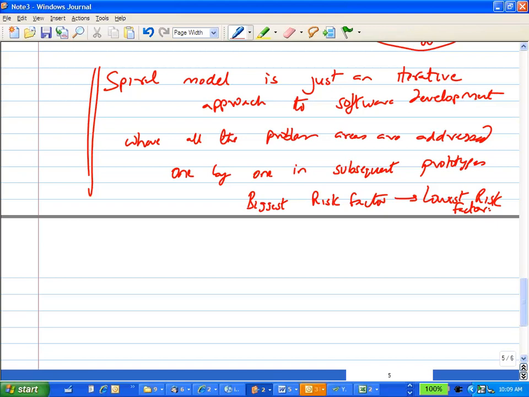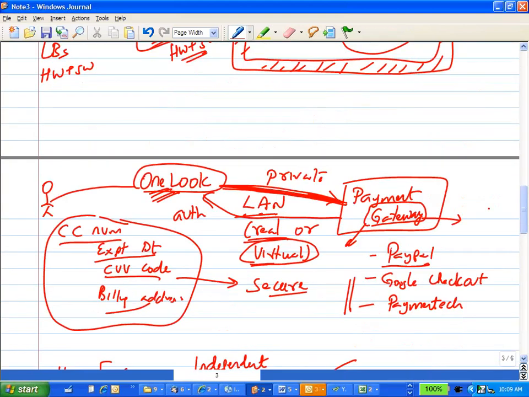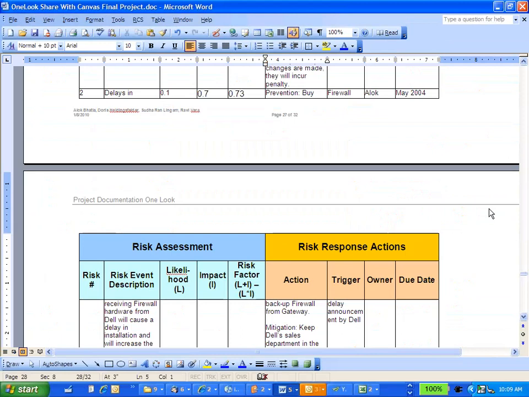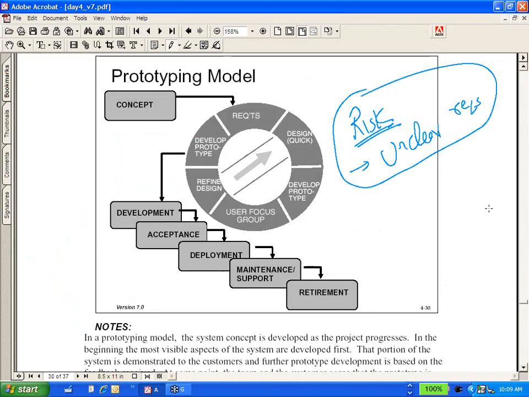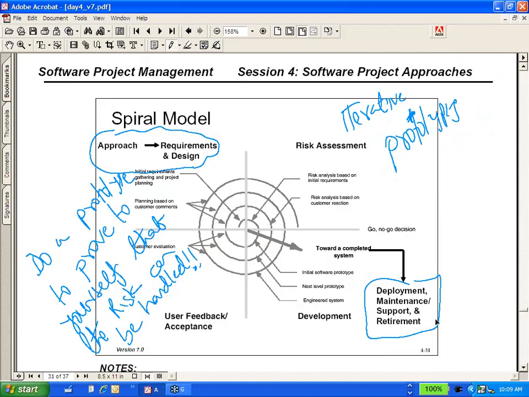Yeah, I don't think so. I don't think there's much difference. The only difference, if somebody forced me to make a stand about difference between prototyping and spiral, I would say prototyping is more about unclear requirements risk. And spiral model is about every other risk also.